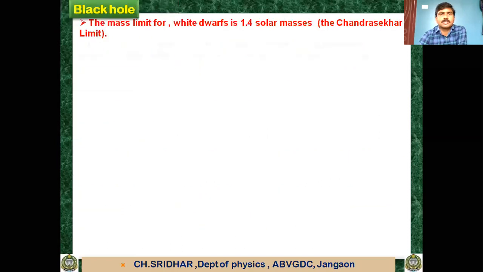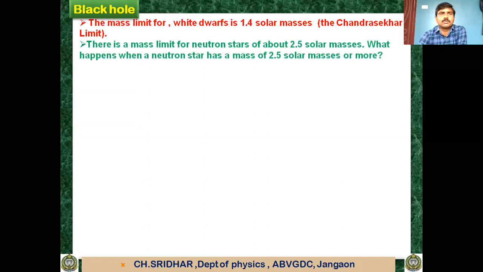And then we have the concept called the black hole. The limit for white dwarfs is 1.4 solar masses, the Chandrasekhar limit. And there is a mass limit for the neutron star of about 2.5 solar masses. What happens to a neutron star with a mass of 2.5 solar masses or more?